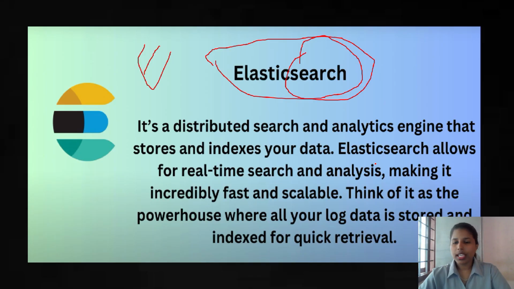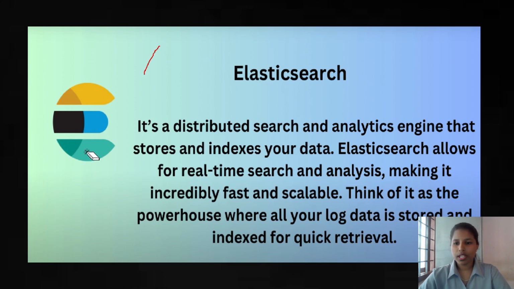Elasticsearch allows real-time search and analysis, so the main function is search and analysis. It makes it incredibly fast and scalable to search and analyze the data. Think of it as a powerful source where all the data has been stored and indexed for quick retrieval.